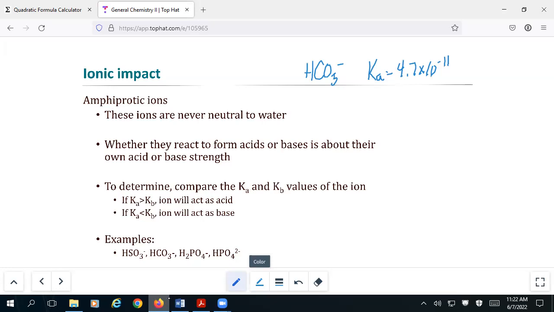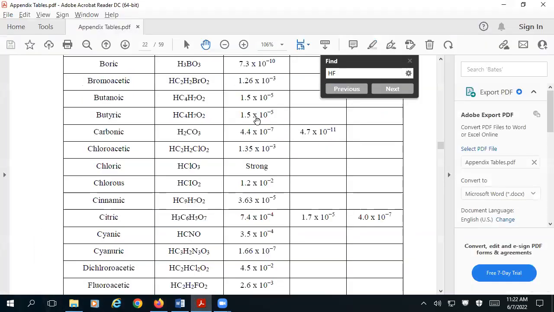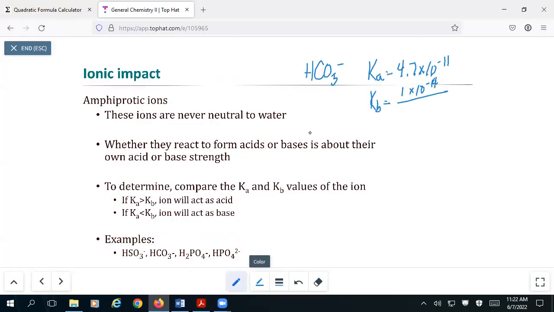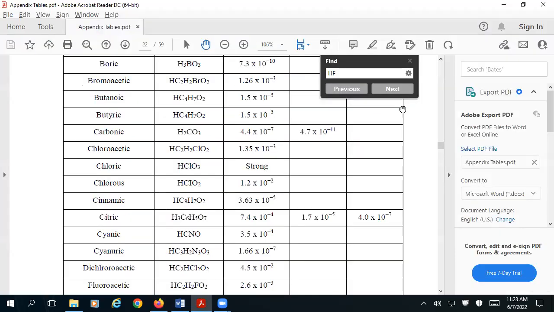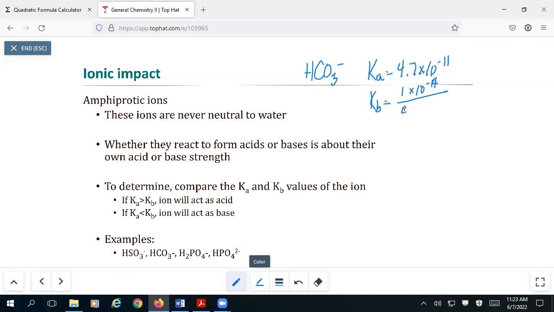It's not very acidic. But is it acidic enough? Well, for Kb, I need to look at the calculation that we did at the beginning of this, comparing the Ka for carbonic acid to find the Kb for the bicarbonate. And this was 4.4 times 10 to the negative 7th.